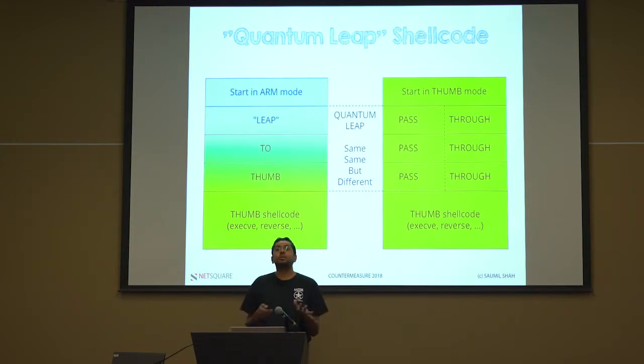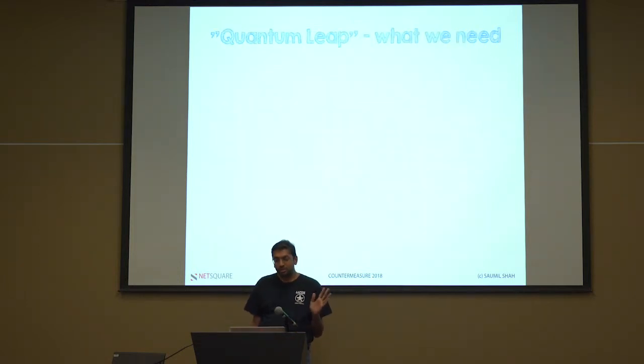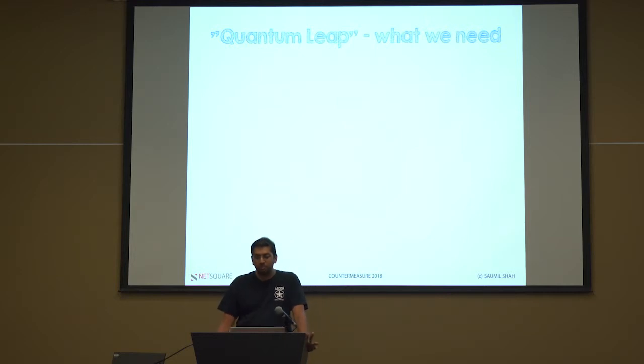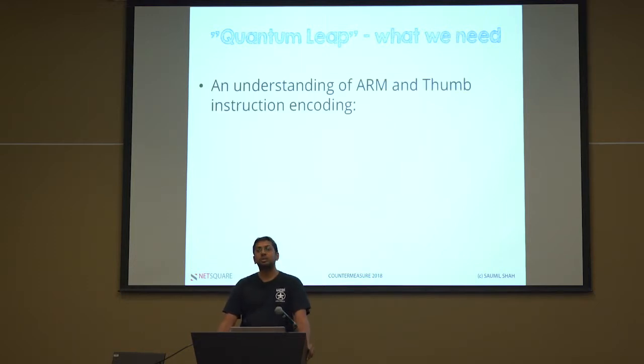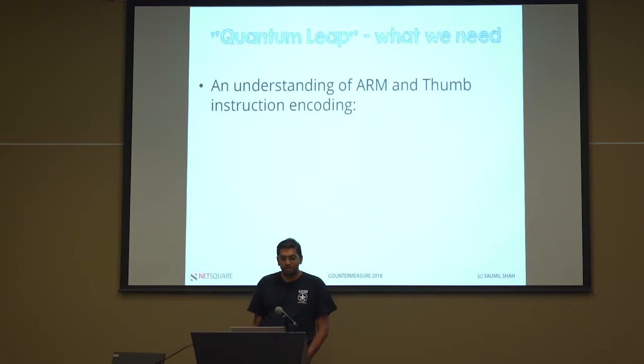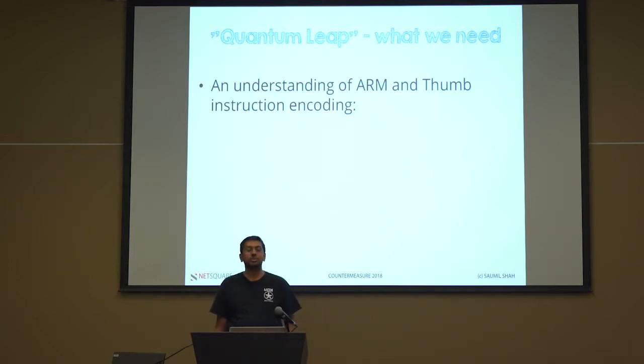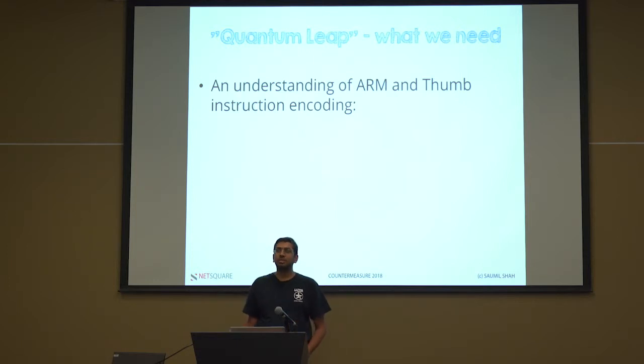Now, how do you cook all of this stuff up? To do this, you kind of have to have a warped mind to think in terms of polyglots. But most importantly, you need to be able to understand ARM and thumb instruction encoding very, very well. And playing around with RISC processors, instruction encoding in RISC processors is a science, but it's actually also an art.